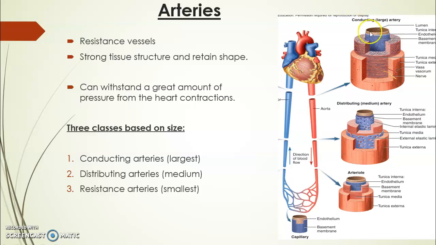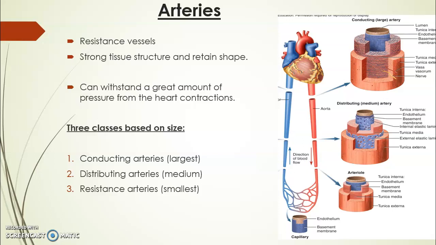Now, looking at these three, we're going to see that the three walls that we just discussed are going to look a little different. The conducting arteries, again being the largest, are going to have to withstand a really great amount of pressure because they are dealing with the pressure that is being conducted from that left ventricle contraction.